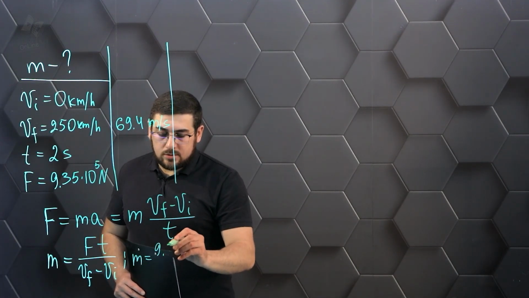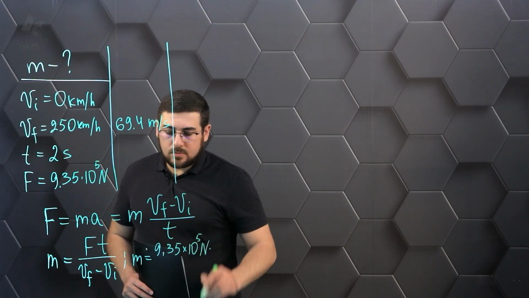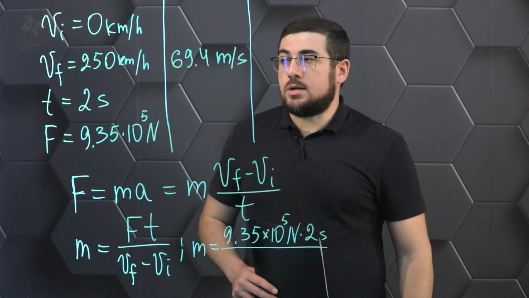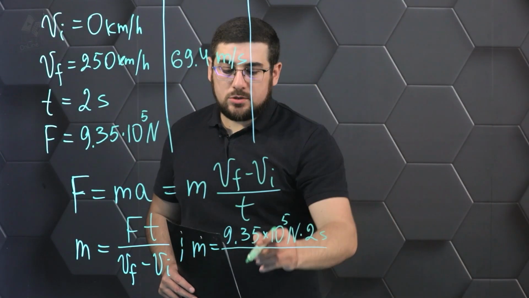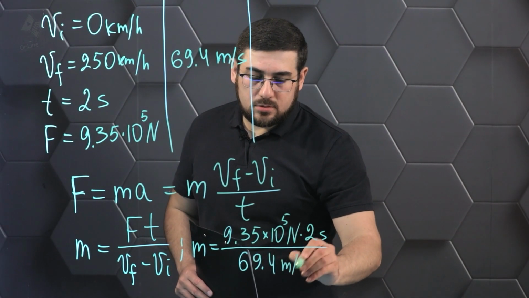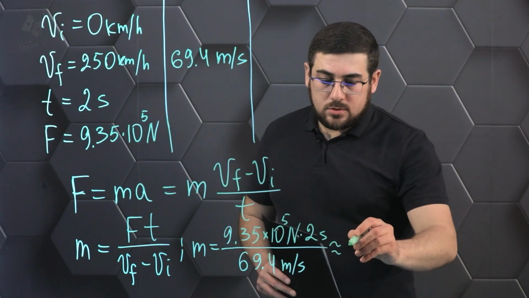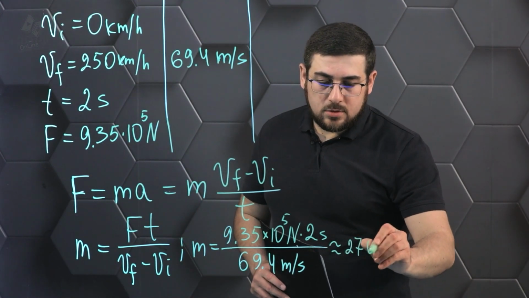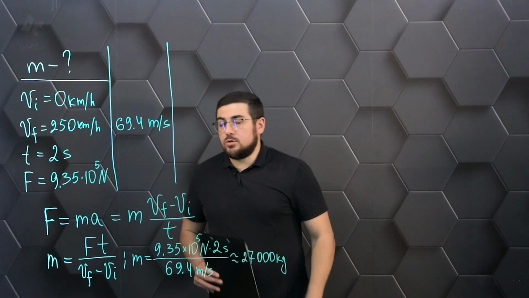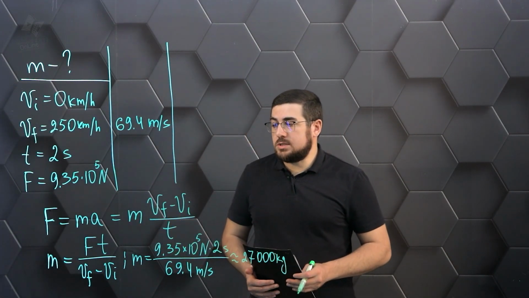The force is 9.35 times 10 to the 5th Newtons, multiplied by 2 seconds and divided by the difference in velocity, but here we're left with a terminal velocity of 69.4 meters per second. So after doing the math, we get a mass value of about 27,000 kilograms.